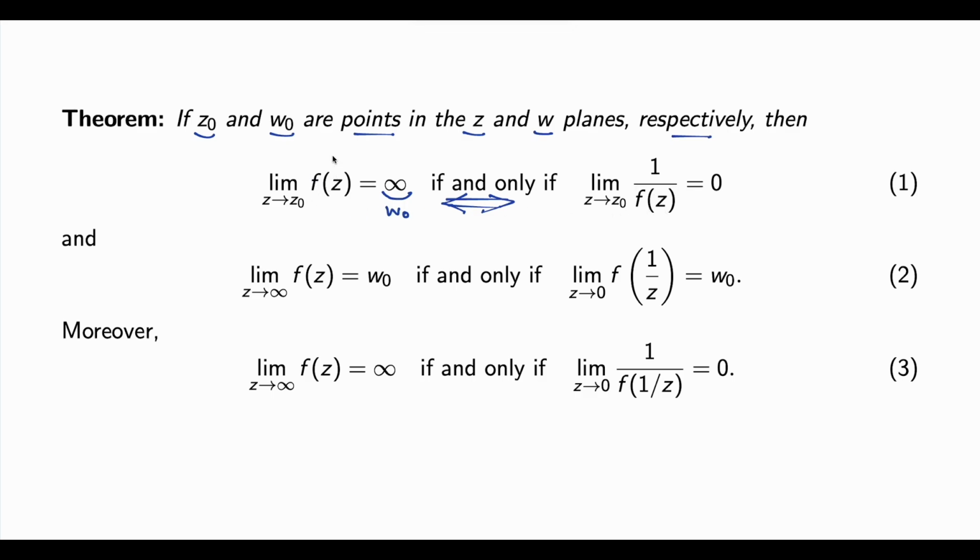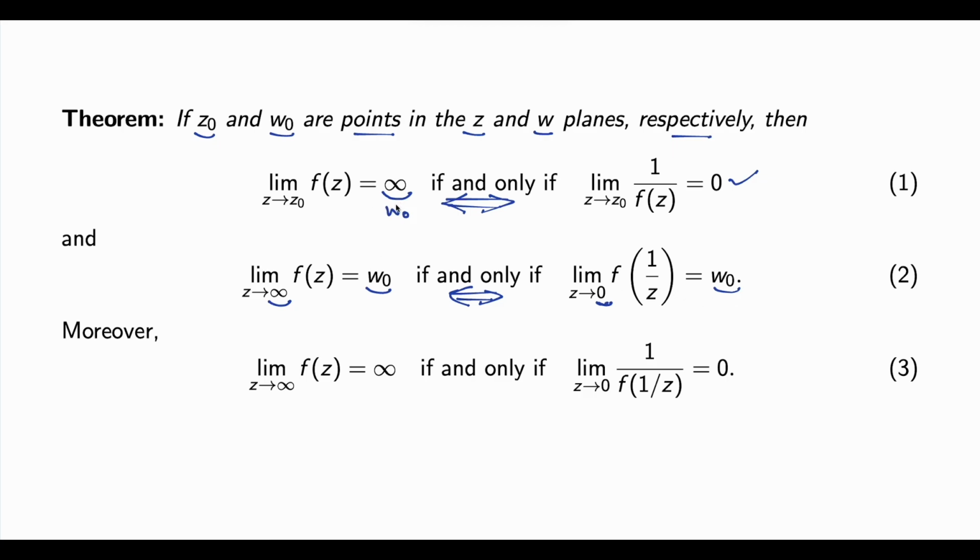We have taken the reciprocal of the function, and rather than infinity it becomes 0. And the limit as z tends to infinity of f(z) equals w naught, if and only if the limit as z tends to 0 of f(1 by z) equals w naught.